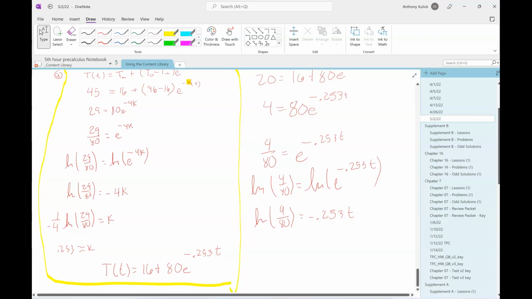Okay, and the last thing would be to divide by the negative 0.253. Again, I'm going to write that as multiplying by the reciprocal.